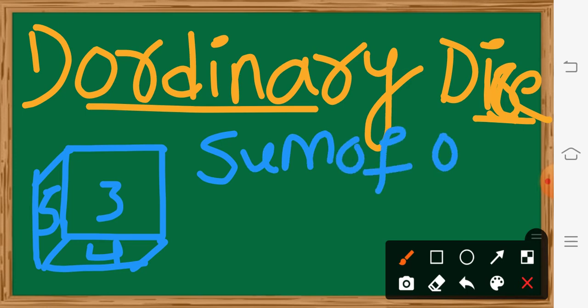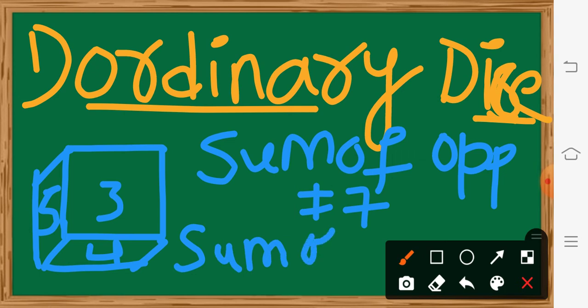Sum of opposite sides is not equal to 7. Sum of adjacent sides is 7. That is called ordinary dice.